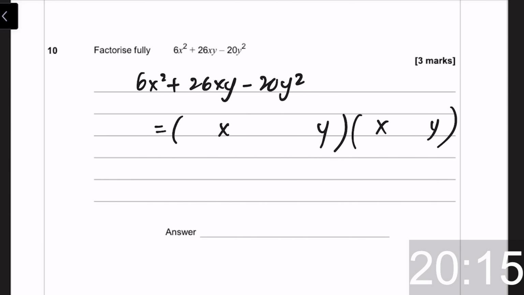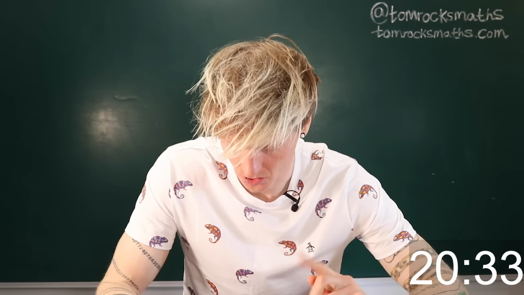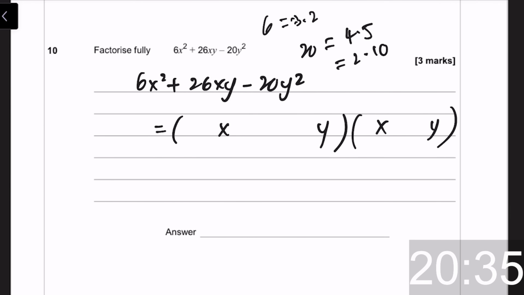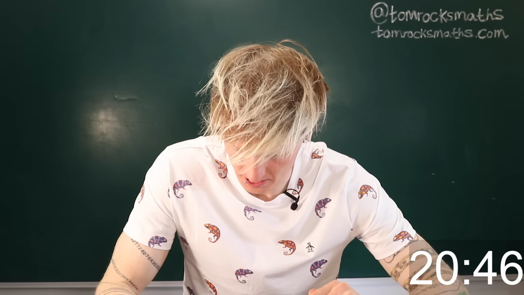And then 20 is 4 times 5, 2 times 10, or 20 times 1. And then 6 is 3 times 2, or 6 times 1. Right, and I need to make 26xy. So that to me is suggesting a 2 and a 10, and it's minus the 20y squared.